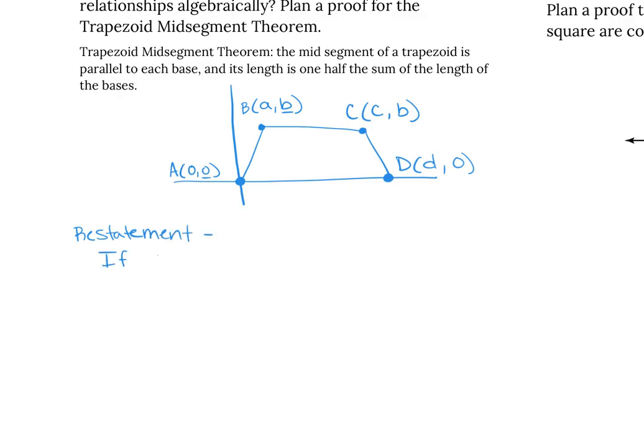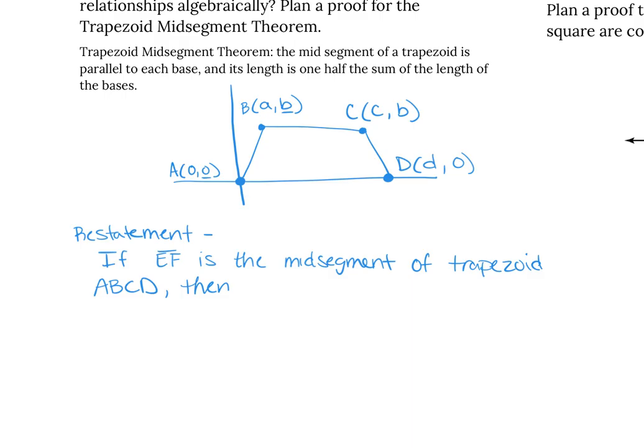So if EF is the midsegment of our trapezoid A, B, C, D, then my slope for EF is equal to the slope of BC. Okay, and I can put my E and F on here. So E and F.